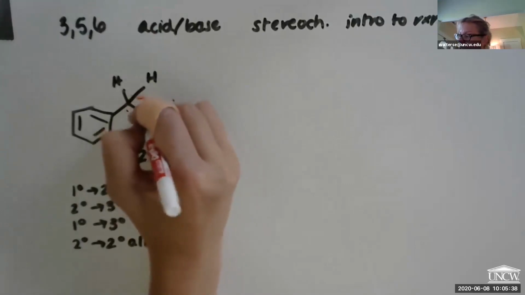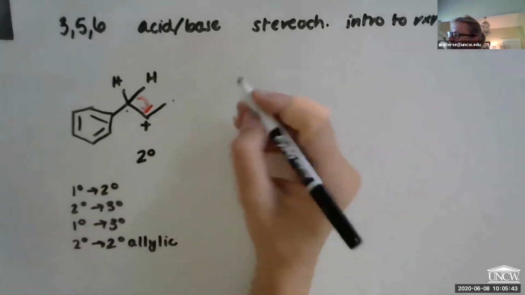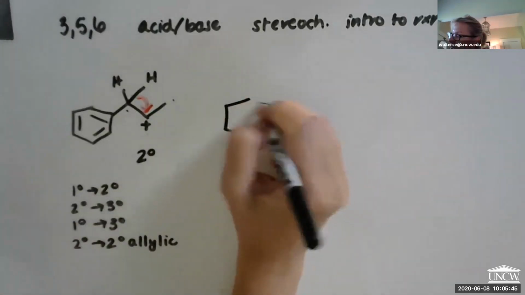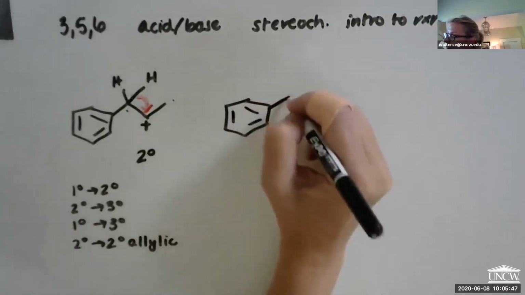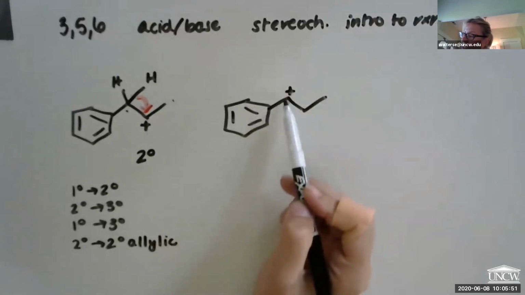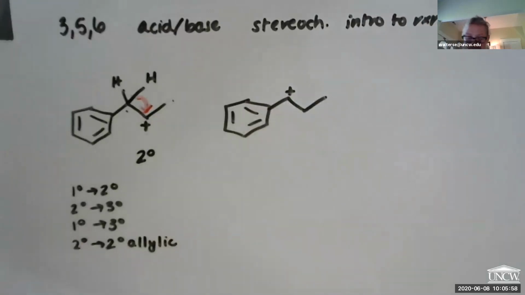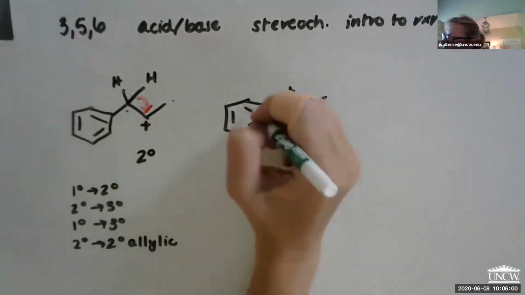So this one will shift here through a hydride shift to make this carbocation. This carbocation is allylic to this carbon here, which is vinylic. And this one would have a lot of resonance structures.